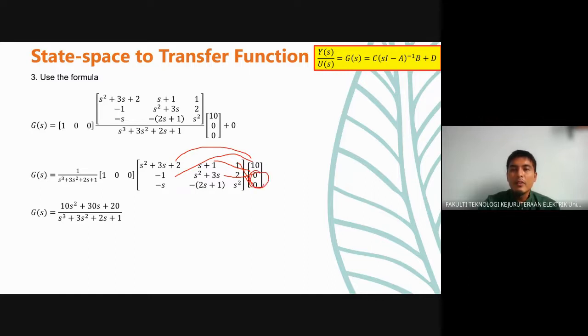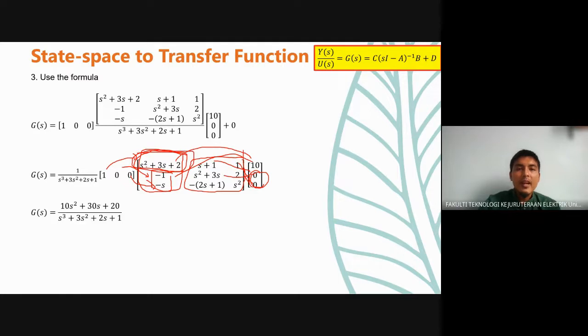These two parts will multiply with zero. So what you need to know is this area only. And then after that, this part will multiply with here, here, and here, and this part also needs to multiply with zero. So you just need to highlight only this area.